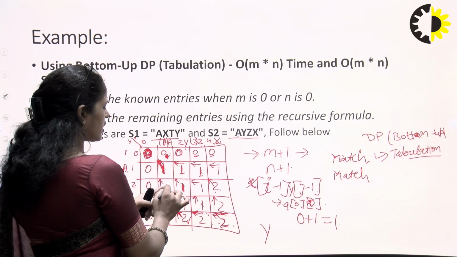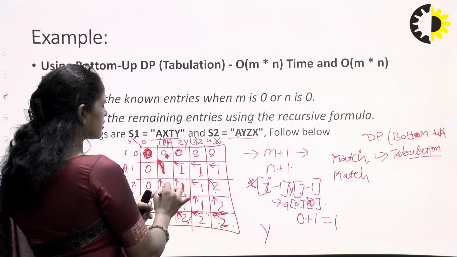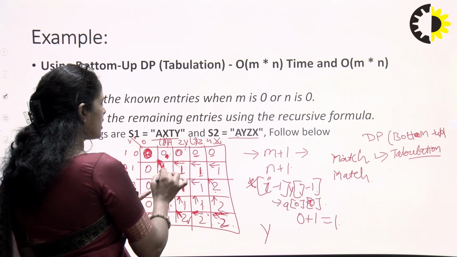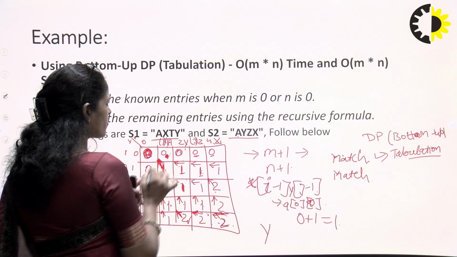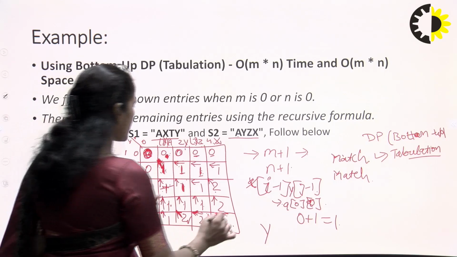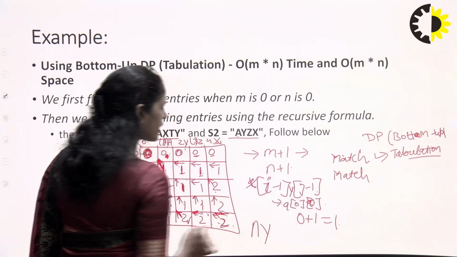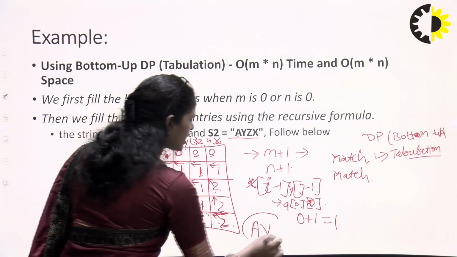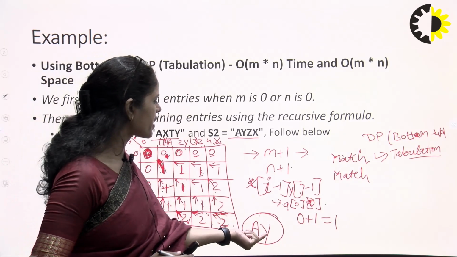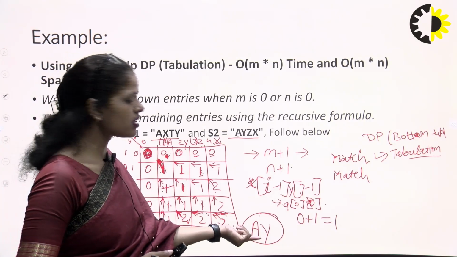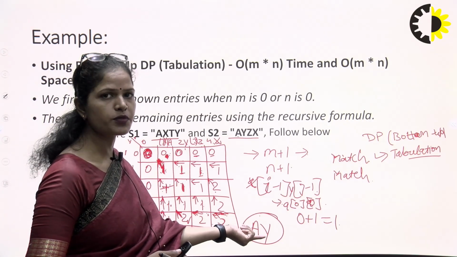Then according to the path, we are reaching this particular location, then again we are having this. So basically here we also have again a diagonal, and this diagonal value is taken as output. So this is the common subsequence of the given strings and it has the max size 2, right. This is the longest common subsequence.